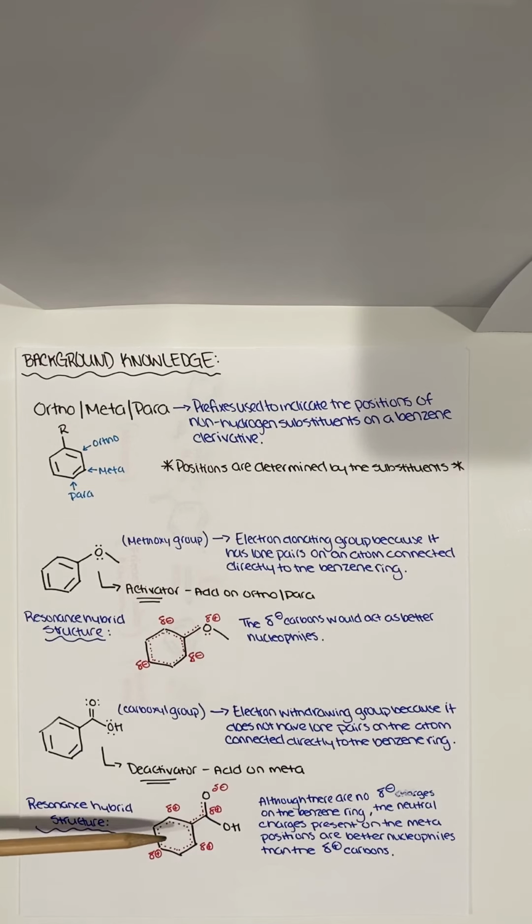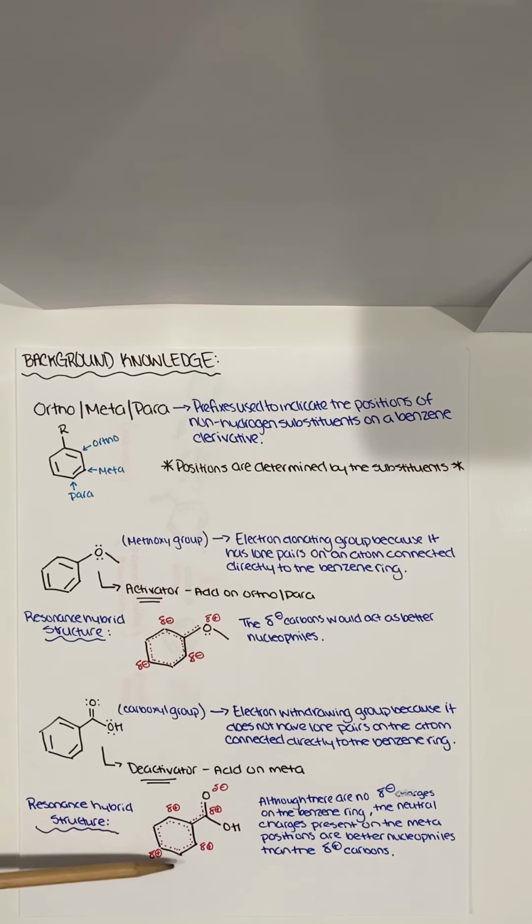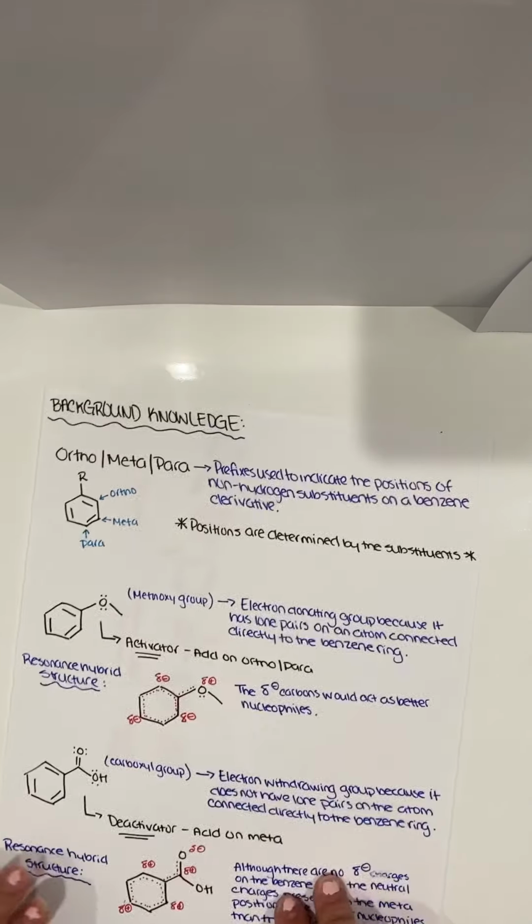And because we see that there are partial positive charges and no partial negative charges, the neutral charges that we see over here on the meta positions are actually better nucleophiles than the partial positive carbons present on the ortho and on the para, which is why in these reactions, it will add on to the meta position.